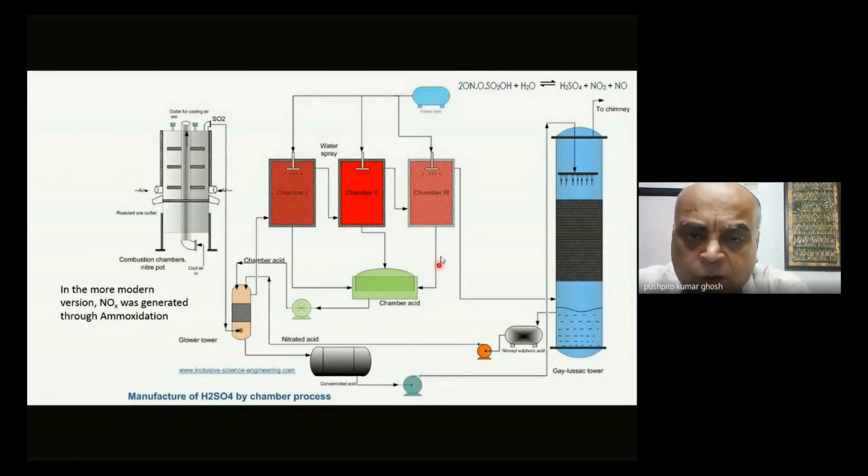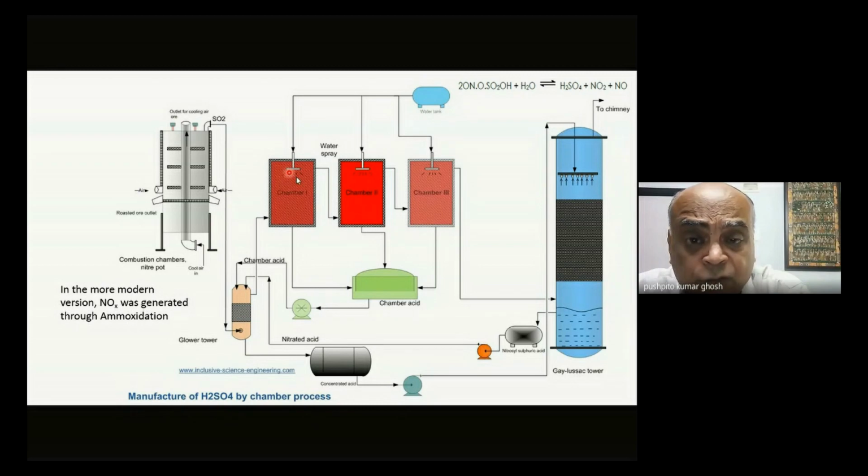Okay. Now, one more thing that you must know is these lead chambers were massive. In fact, you all gave some good reasons as to why there is lead. Another reason, as many of you said, is that lead could be formed into big reactors in those days.